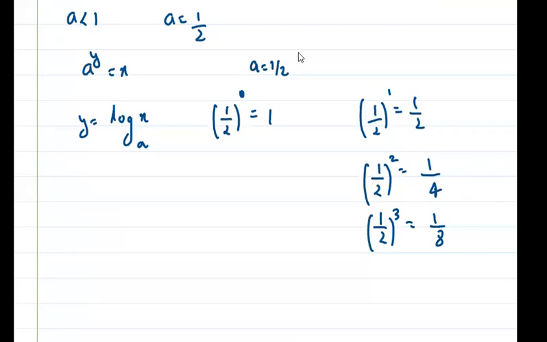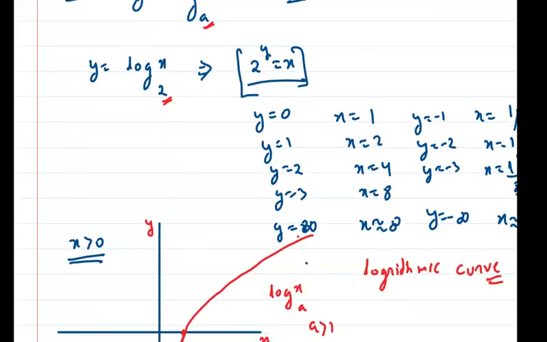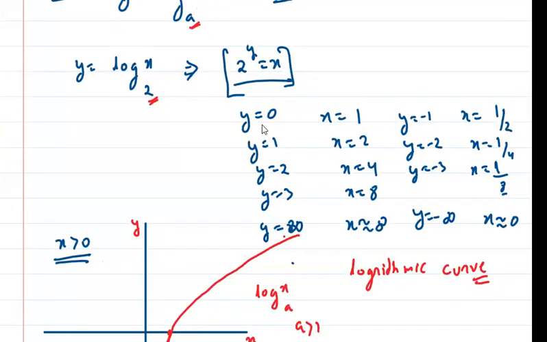But when you talk about the previous one, see, in this case, when a is greater than 1, the value of this power is increasing, then the value is increasing. Yes or no? This is what happened. This is the difference.